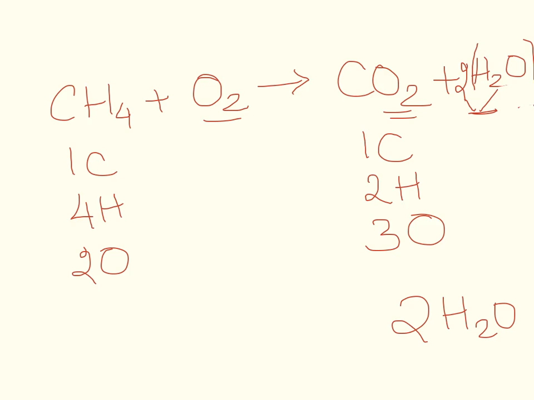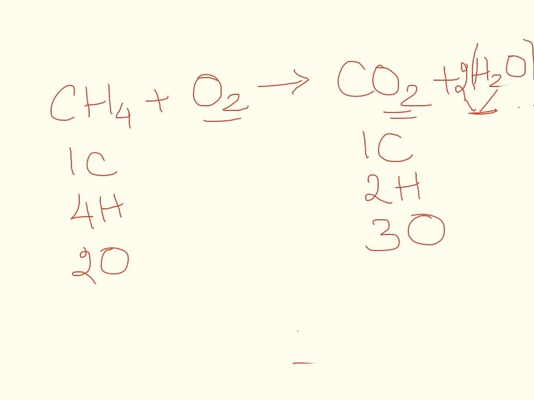If we write it, instead of 2 water molecules, as 1 water molecule plus 1 water molecule, in total it will give you 4 hydrogen. So instead of writing H2O plus H2O, we write it as 2H2O.